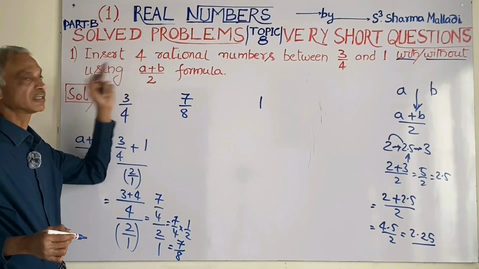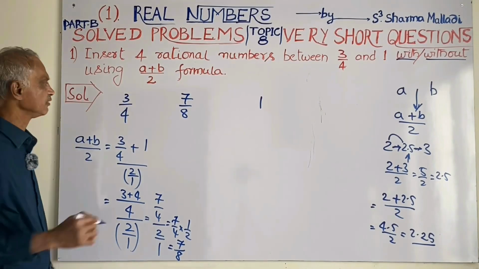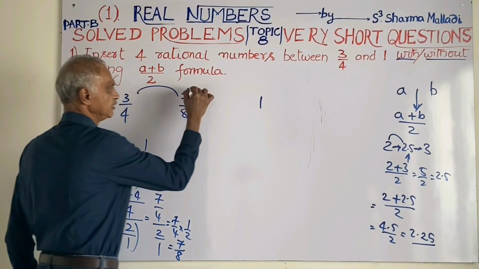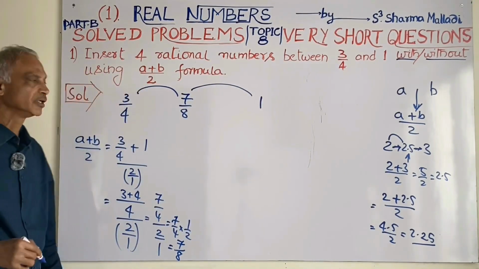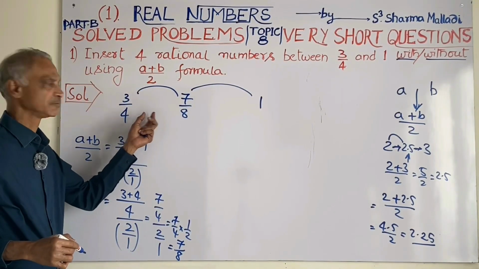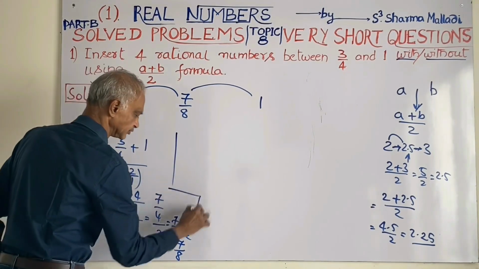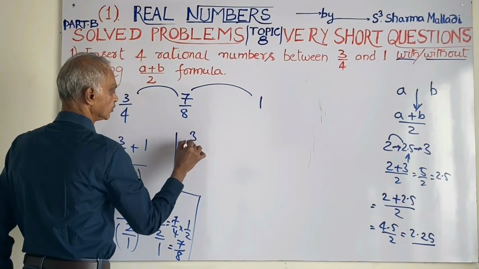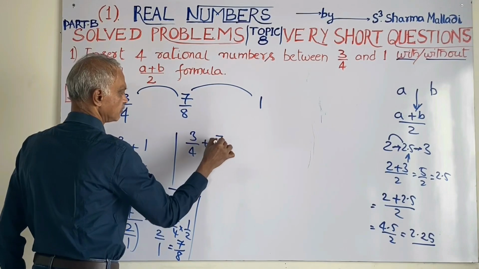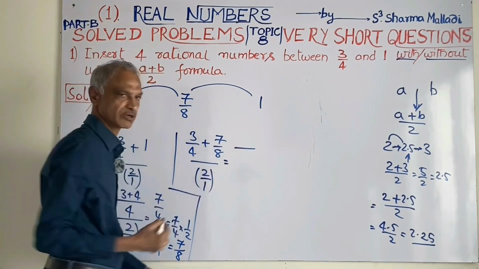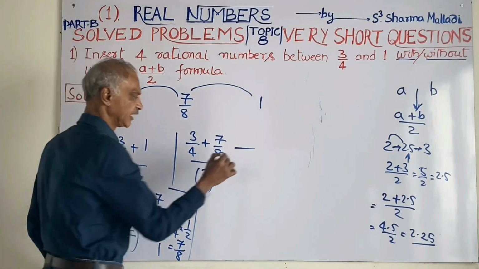And we have to insert 4 rational numbers. Again, what do I have to do? I have to take the average of these two, 3 by 4 and 7 by 8, to get a rational number between them. Again, 3 by 4 plus 7 by 8, by 2. What is the LCM of 4 and 8? 8.